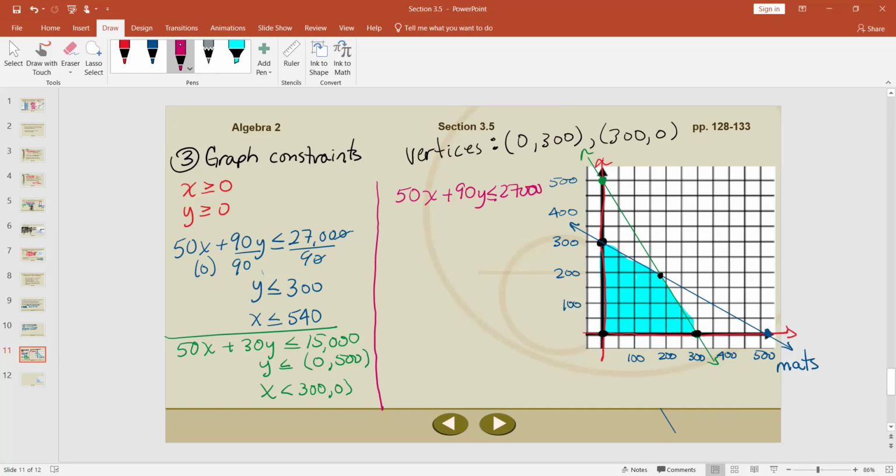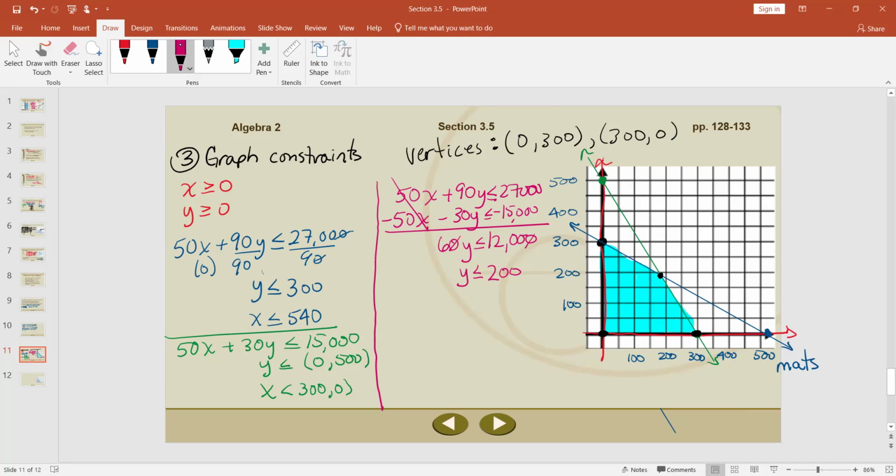And then make everything negative in the other one: minus 50x minus 30y less than or equal to negative 15,000. That gets rid of my x, and I get 90 minus 30, so 60y less than or equal to 27 minus 15, 12. So when I divide by 60, I get y is less than or equal to 200. And then I'll plug that 200 in.